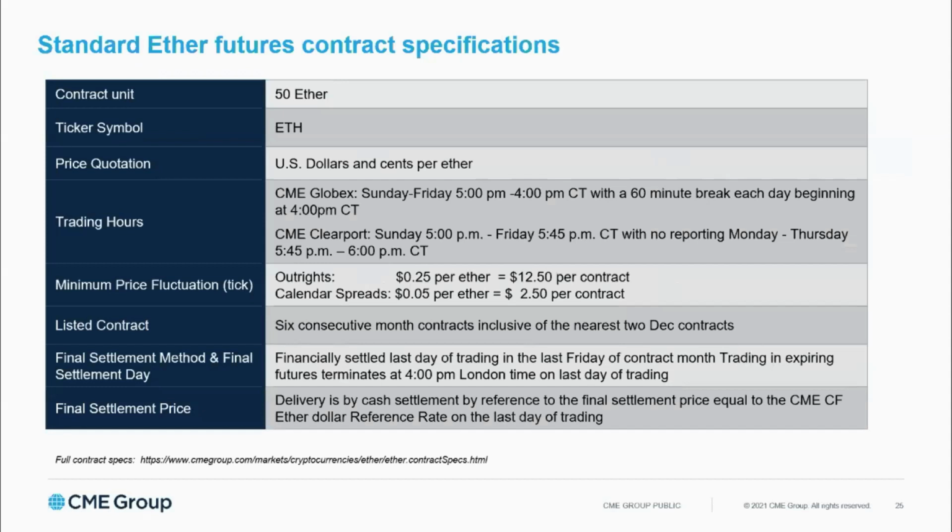The minimum price fluctuation on our standard contract is 25 cents per Ether, but since it's 50 Ether per contract, it's $12.50 a tick per contract in our standards. These are monthly contracts. They're financially settled, and they settle on the same day as our micro contract, which is that last Friday at 4 p.m. London time.